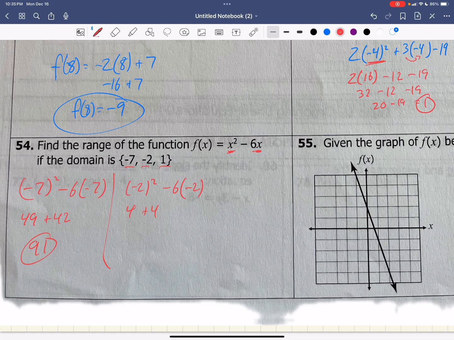So negative 6 times negative 2 is going to be a plus 12. So let's see here. That's 4. Plus 12 is 16. And then finally, 1 squared is going to be 1 minus 6 is going to be negative 5. So those are my range values. So the range would be 91, 16, and -5.